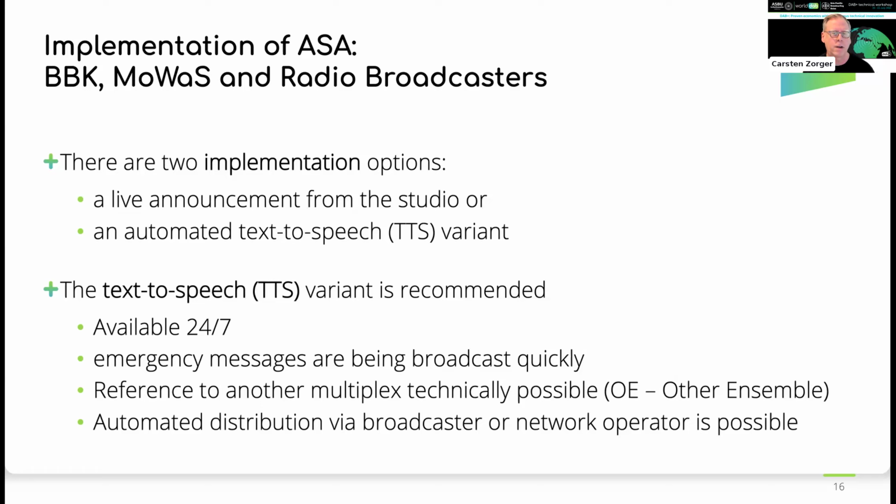Many commercial stations are not available with live people 24/7, and only a few public broadcasters still do it. So text-to-speech is available around the clock. Text-to-speech also, because it's automated, means emergency messages are broadcast quickly. You are on the air within a minute. And this is important: be on the air within a minute.